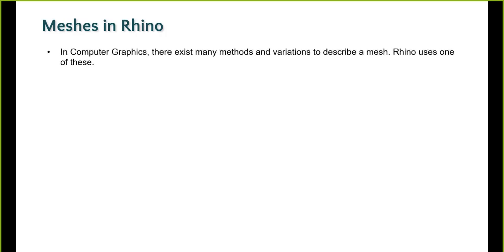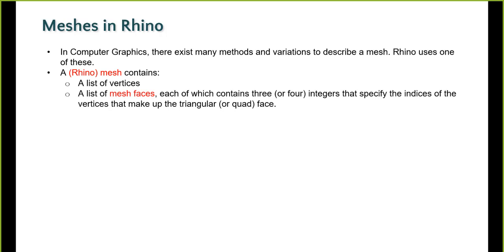Okay, so let's talk a little bit about meshes in Rhino. There are a lot of different ways of using meshes. Rhino just uses one of them, where Rhino contains a list of vertices and then a separate list of mesh faces.